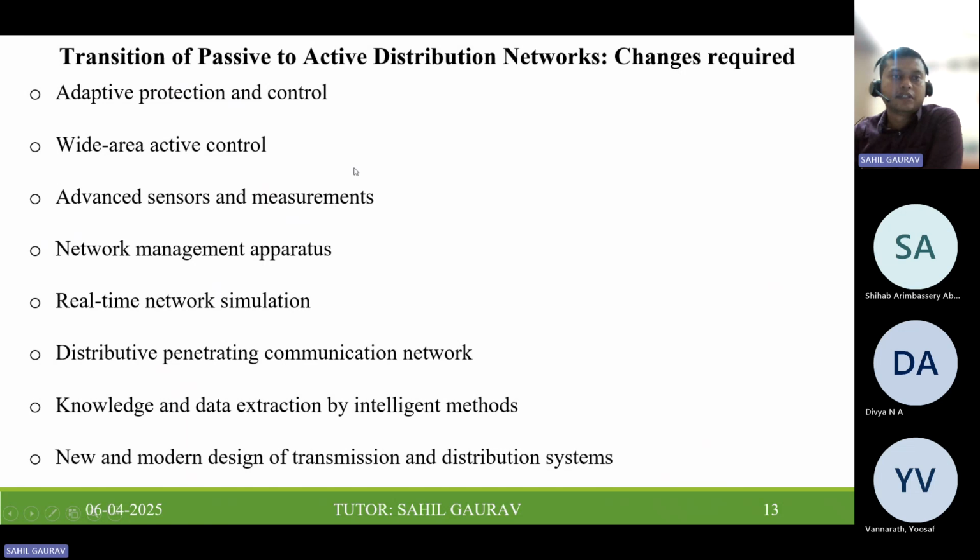So if you see the changes, mainly on the control side, and then we have communication, and we also have the centralized type controller requirement, and the designing of transmission distribution systems also arises.